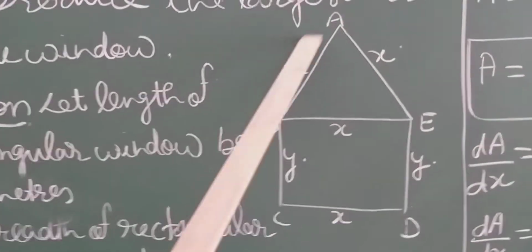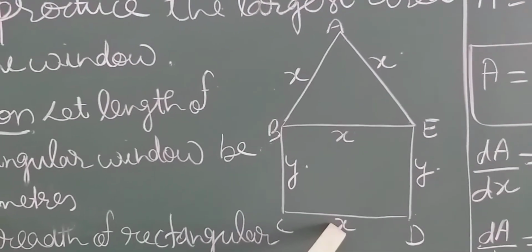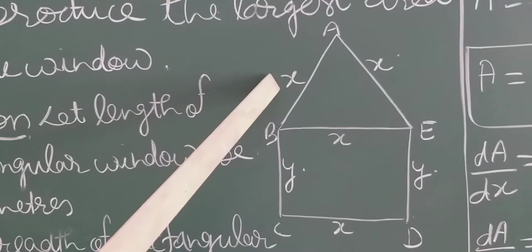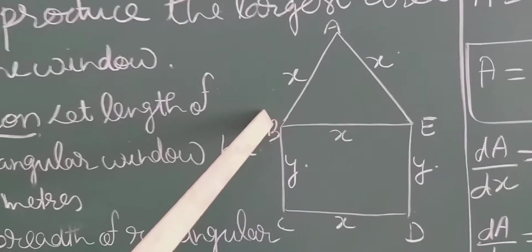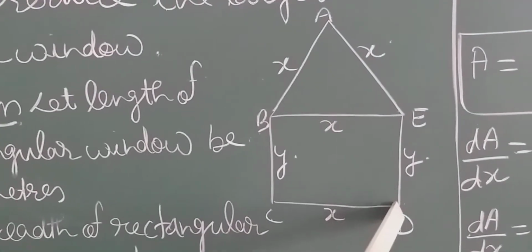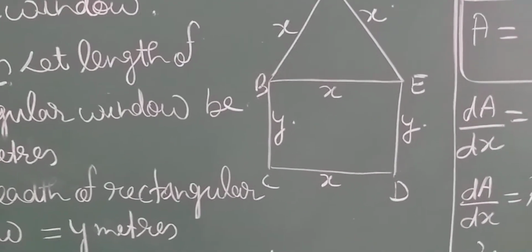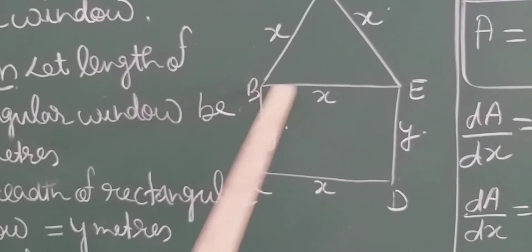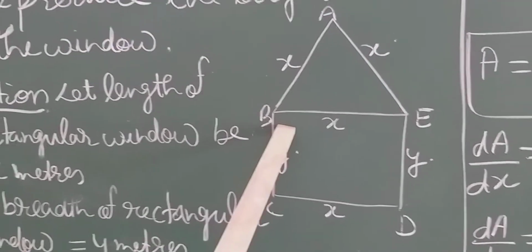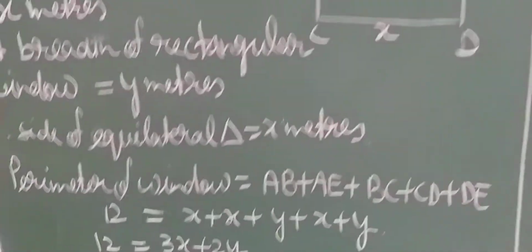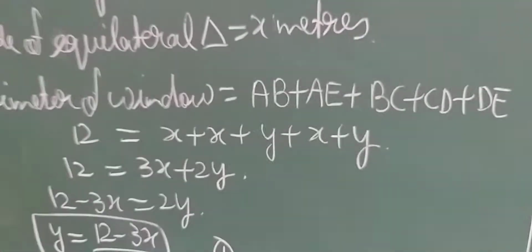Now perimeter is given of the window. So for perimeter we have to add all the sides, AB plus BC plus CD plus DE plus AE. Okay students, we cannot include the inner side BE. So when we add all the sides we can get perimeter.